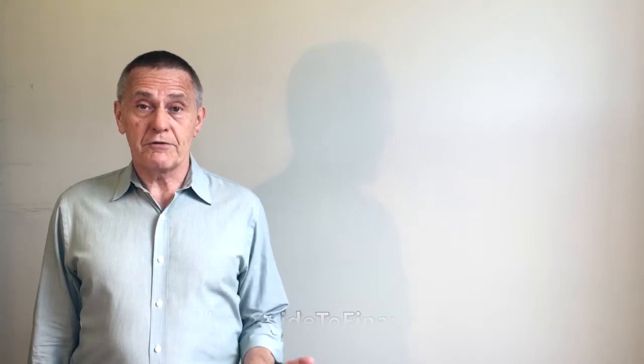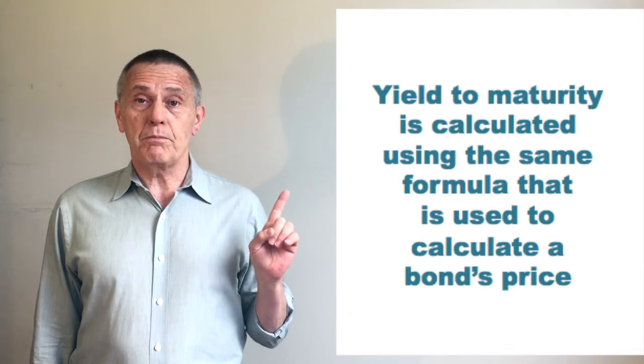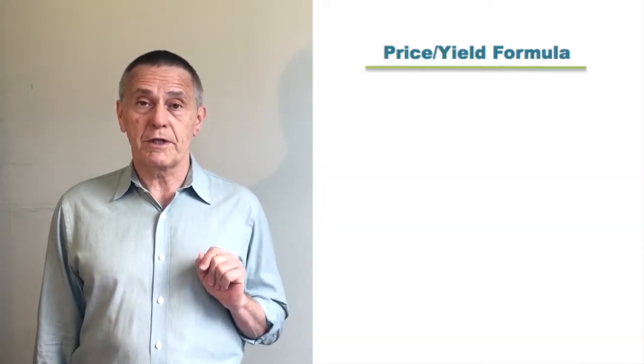Now, as was seen in other videos, yield to maturity is calculated via the same formula as that which prices a bond, which we can refer to as the price yield formula.